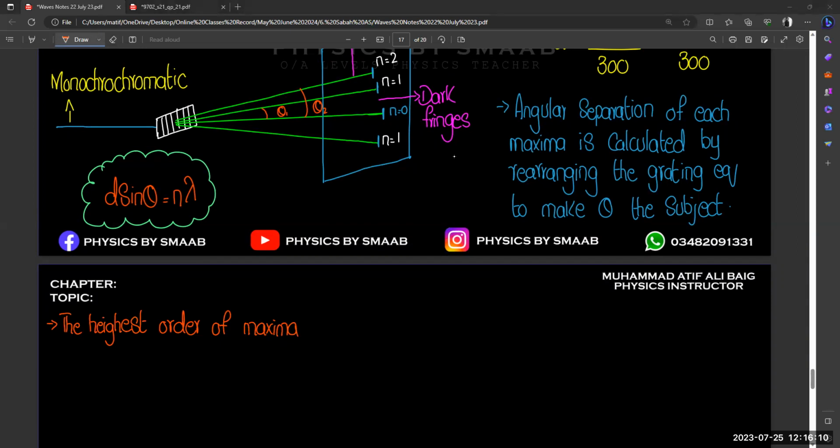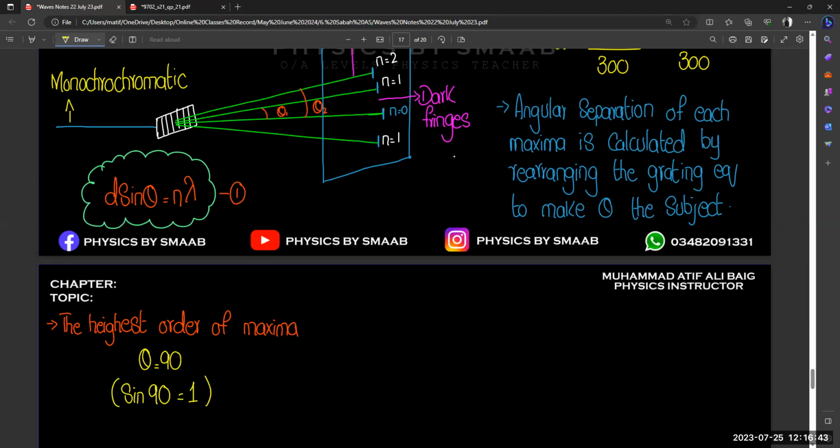We know that we are using sine theta in our equation. So sine theta will be maximum at 90 degrees. It means that at 90 degrees, we are going to have the highest order of maxima. So your theta will be equal to 90 because sine 90 equals 1. So at 90 degrees, we will get the highest order of maxima.